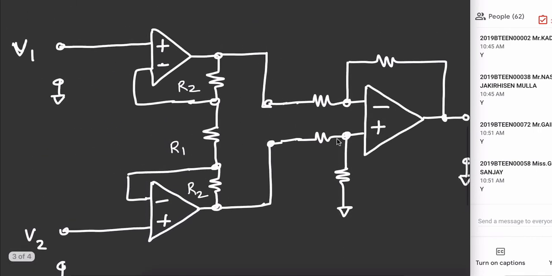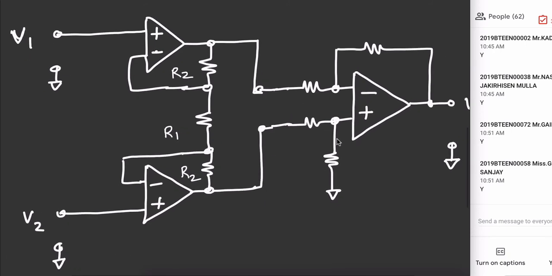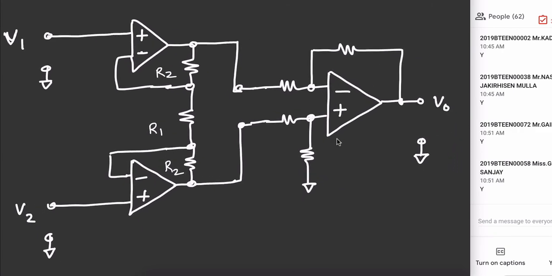Right. So if we know that all op amps are in active region, and we are able to apply the virtual short concept, what will be this voltage? V1. Okay, then what will be this voltage? There will be a few questions henceforth, so be ready to respond.